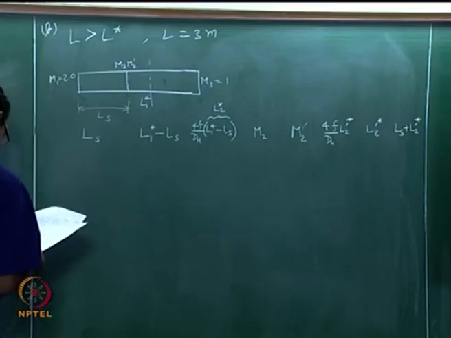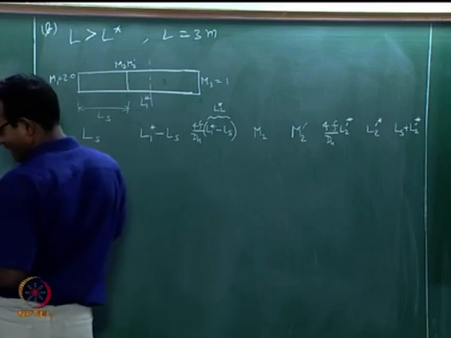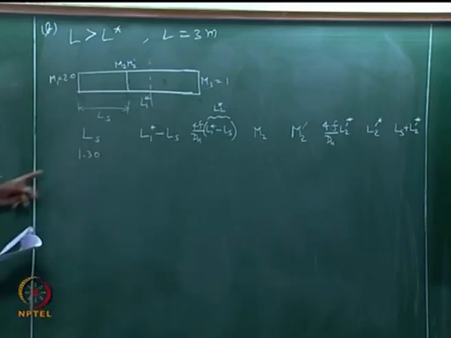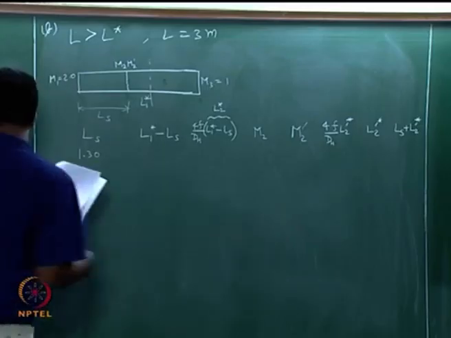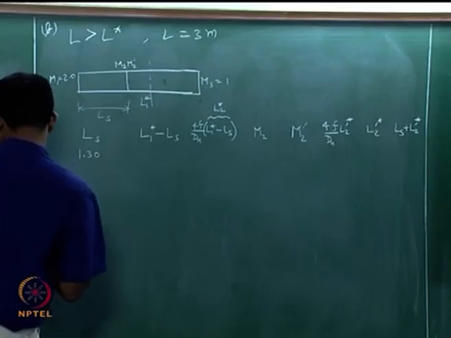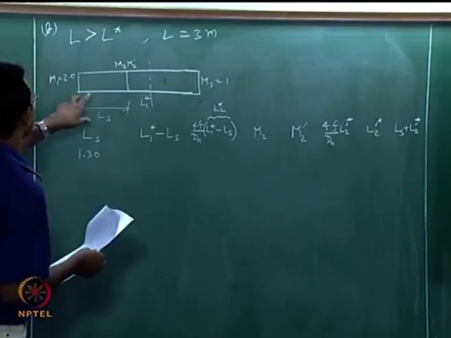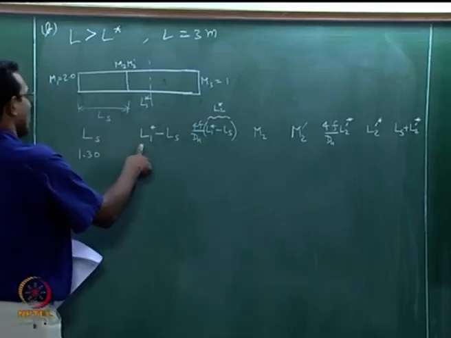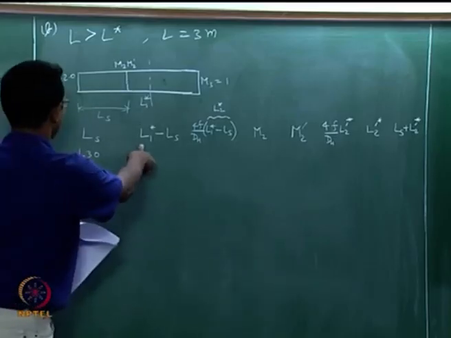So, now I am going to pick, let us say 1.3, because I already have the answer for 1.3. 1.30 I am picking. If I pick 1.30, we can get numbers, and I said that L1 star was 1.906 meters.